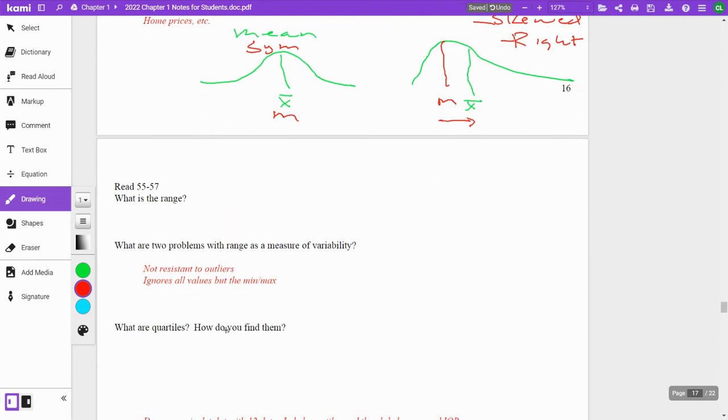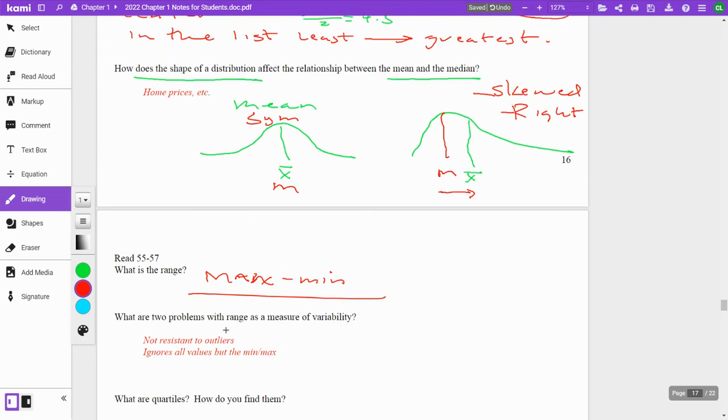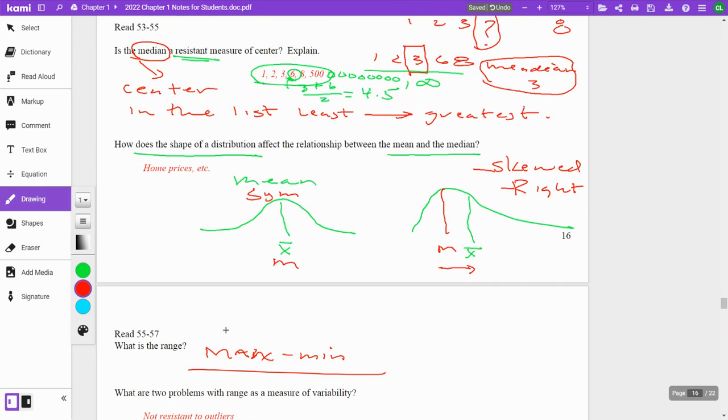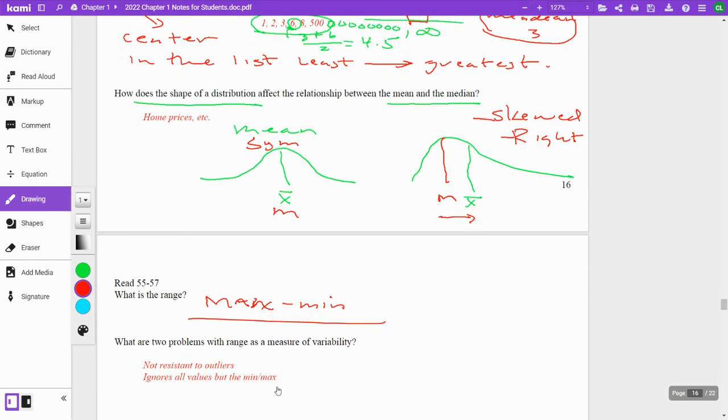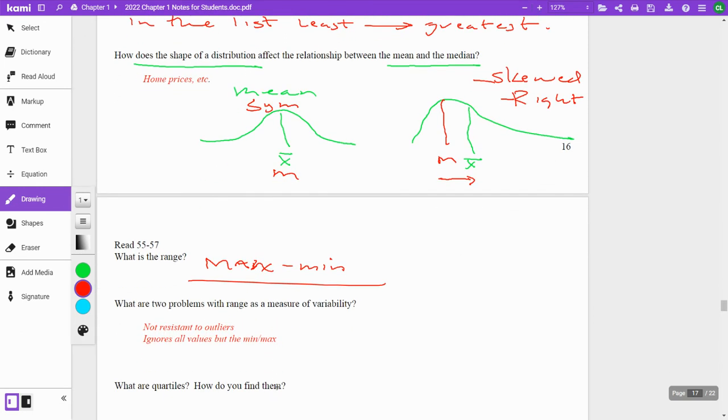So range is max minus min. For this one up here, if I used infinity, all of a sudden infinity minus 1 is infinity. It's not very good with measuring it. Doesn't work.